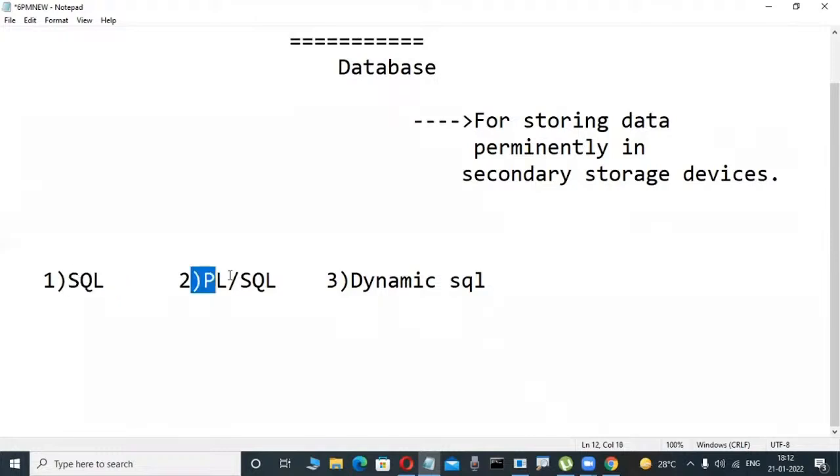But why PL/SQL? It is programming, like C++ and Java. Why is this language really required? Many jobs are available in PL/SQL too. It is required because of so many applications.